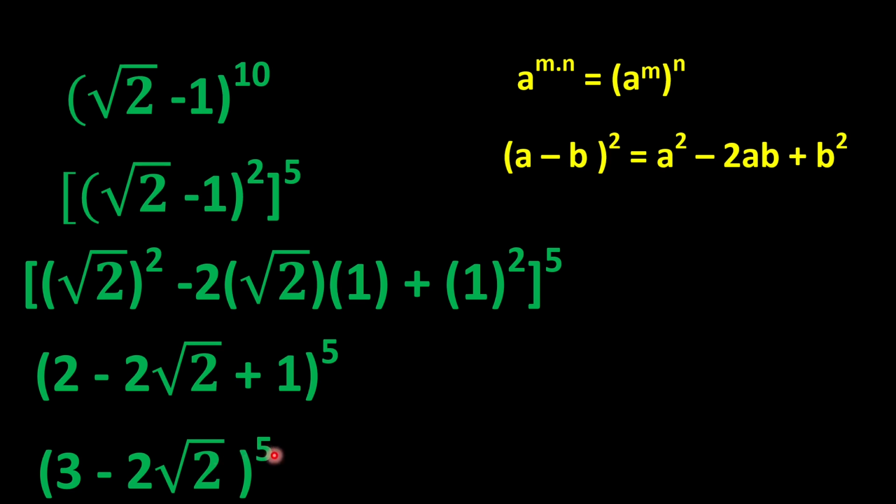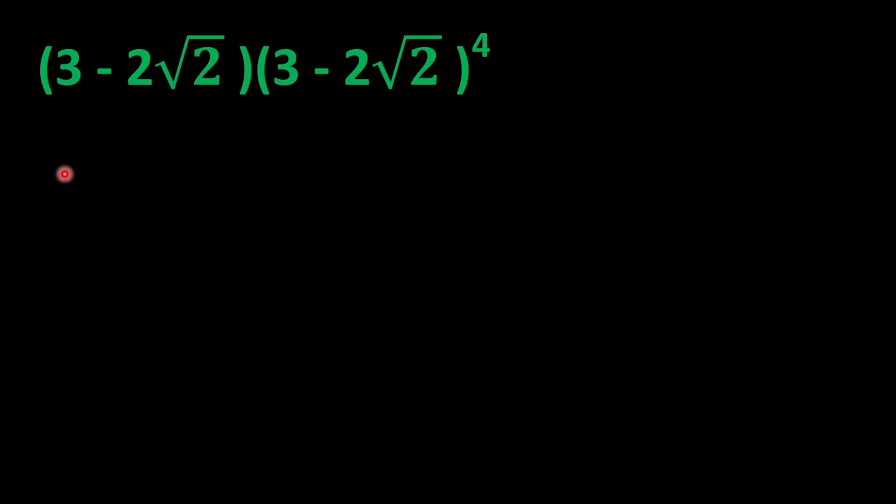Now we will split this power 5 into two parts like this: (3 minus 2 under root 2) power 1 and (3 minus 2 under root 2) power 4, because here power is 1 and here power is 4. According to the mathematics rule, when the base is same, the powers are added.